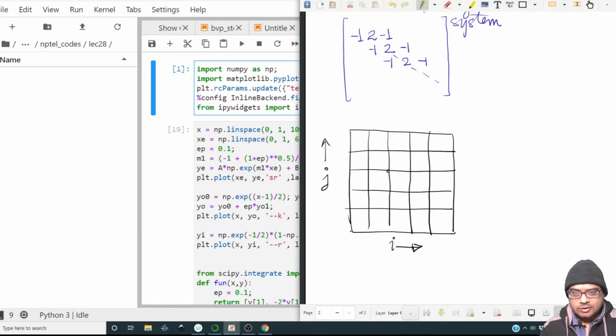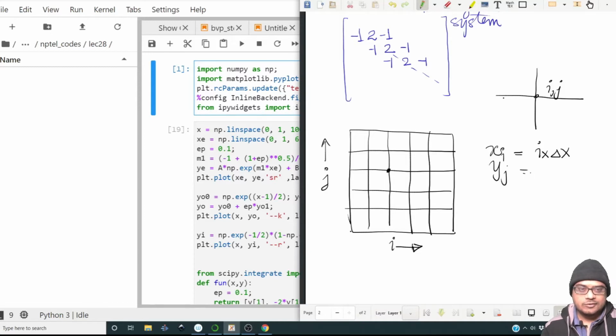If we focus our attention at this point, let me zoom in. This is i comma j, and the location i comma j corresponds to some location x_i, which will be i times delta x, and y_j, which will be j times delta y, where delta x and delta y are the grid spacings.